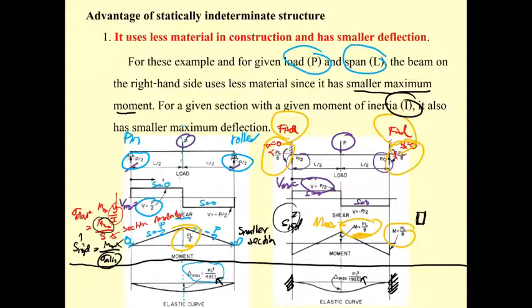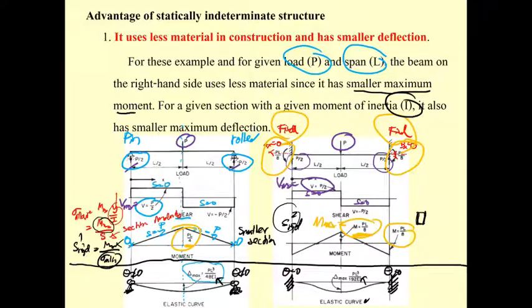You will get the elastic curve of this. If you release this as a pin and allow the rotation of this as a roller, the theta here is not zero, but the theta here is zero and theta here is zero.